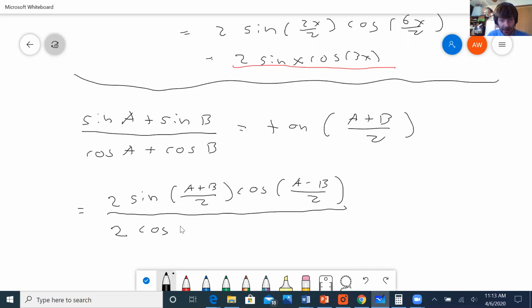But cosine A plus cosine B, again, I'm looking at this identity sheet. And great news, look what happens. 2's cancel, cosines cancel.